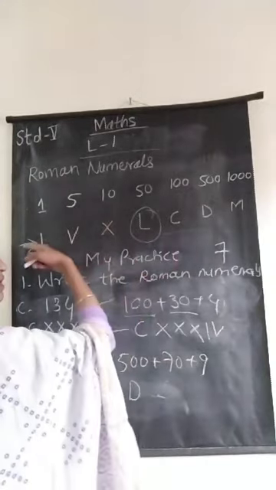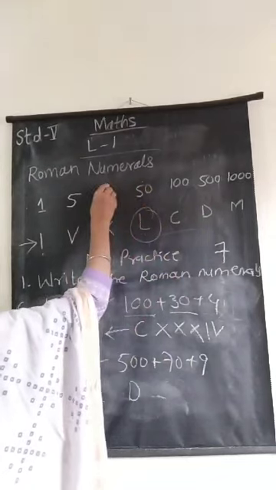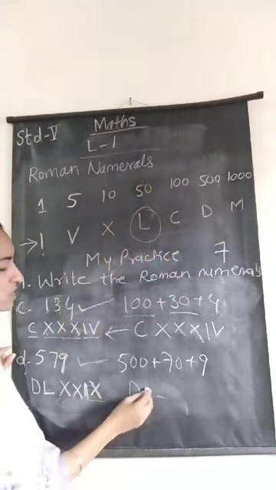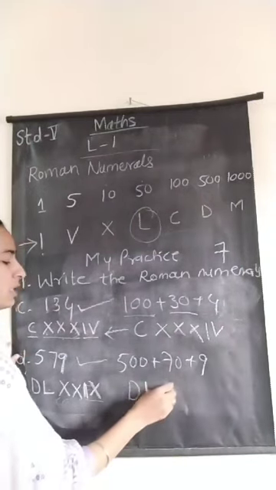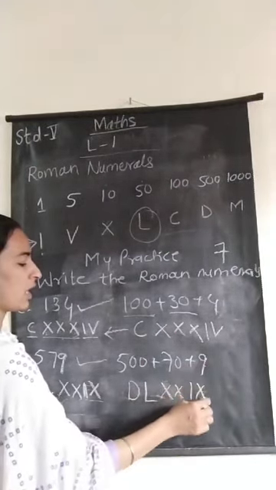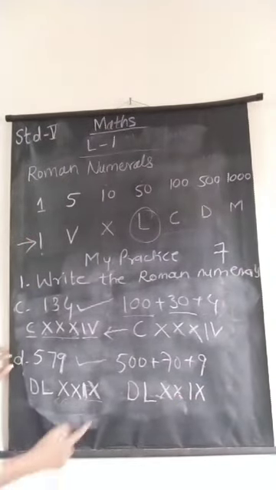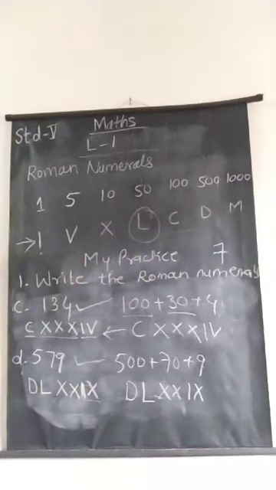There is no symbol for 70 here, but 70 can be written as 50 plus 10 plus 10. For 50, L is there. For 20, that means 10, 10. And for 9, IX. I have used letters from these only. Okay, students, understand how to write?